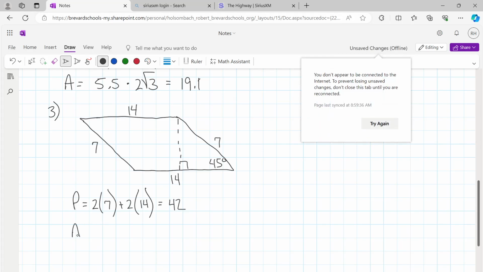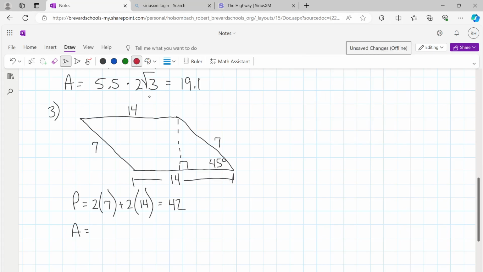Our area, it's a parallelogram, so our area is going to be equal to our base. 14 is our base, represents the entire bottom. And our height is right here. Now, in a 45-45 right triangle, the hypotenuse divided by the square root of 2 gives us one of the legs.